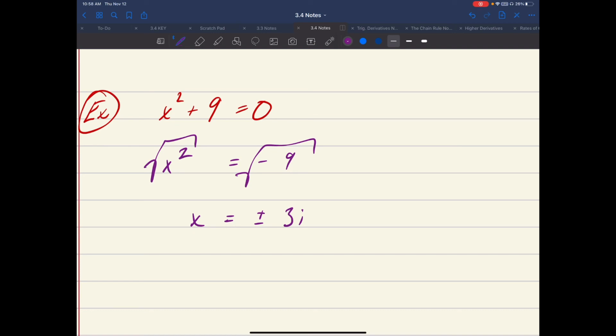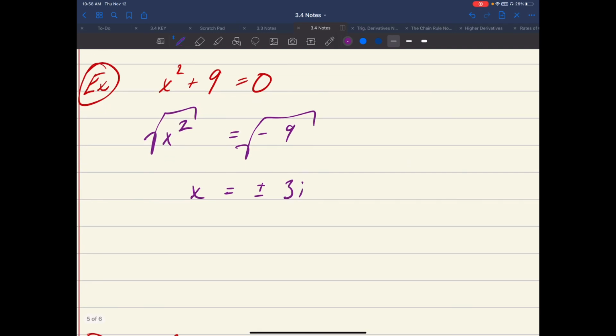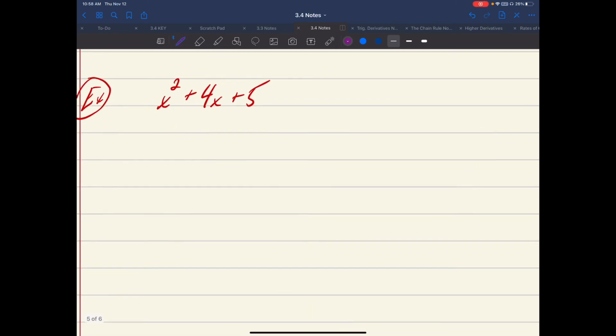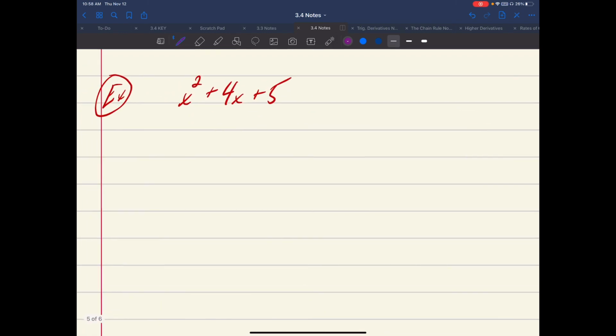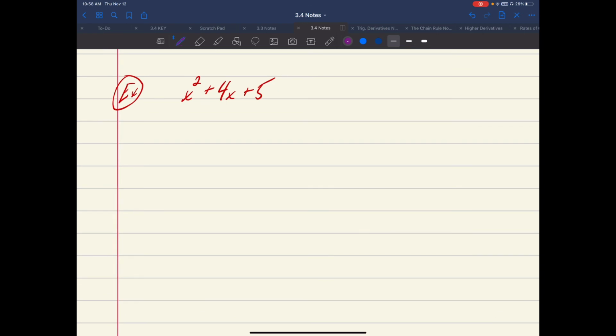Okay, so let's look at this example. x squared plus 4x plus 5. Normally we can't factor this, right? There are no two numbers that multiply to 5 that add to positive 4. So what we do with this is use the quadratic formula. If you can't remember that, it's negative b plus or minus the square root of b squared minus 4 times a times c, divided by 2a.